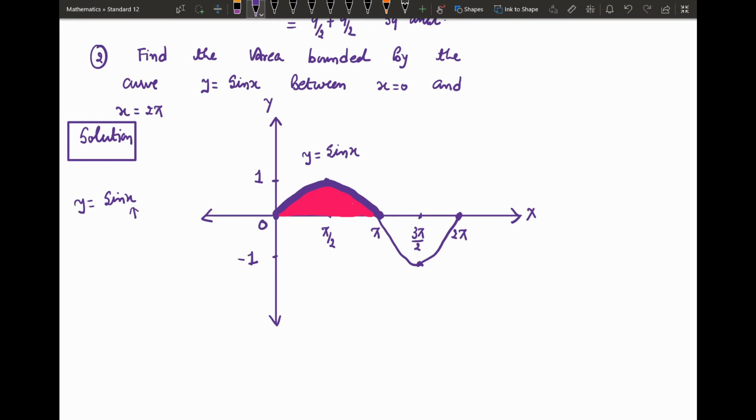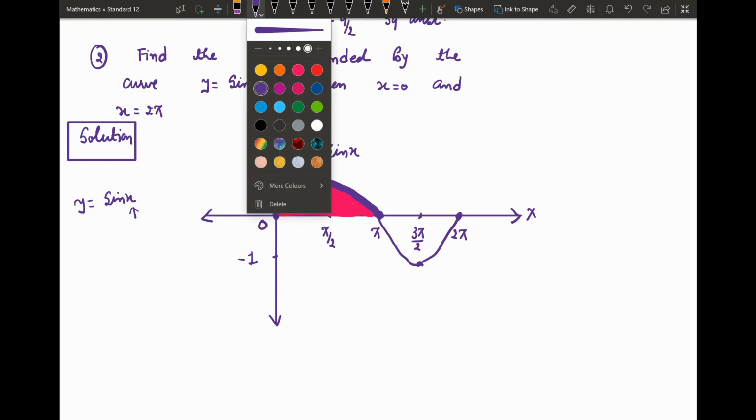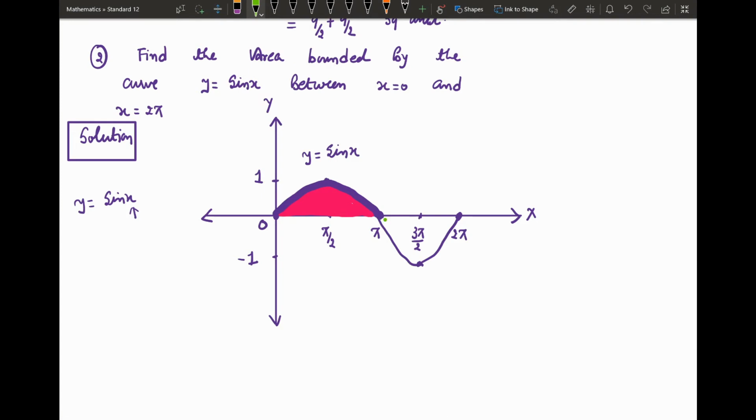In the lower portion y is negative. Since y is negative, we divide it into two parts. One limit will be 0 to pi, in which y is positive, and another one pi to 2 pi, because y is negative.